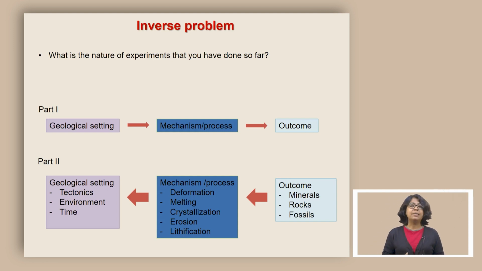So, by definition, these kind of questions fall under the realm of inverse modeling or inverse problems, where we are not really moving forward in terms of changing the initial conditions and looking at their effect on the final outcome. We are rather starting from the outcome and trying to understand what are the mechanisms and what was the initial condition.